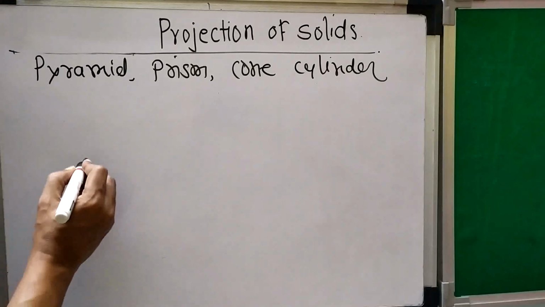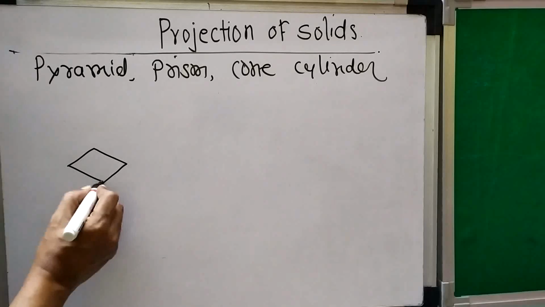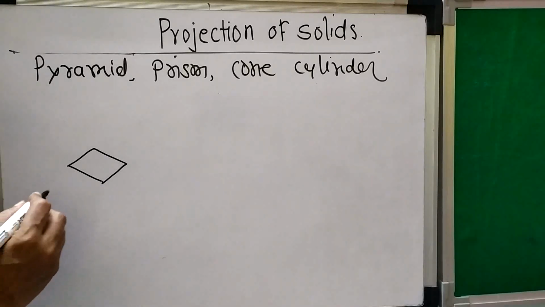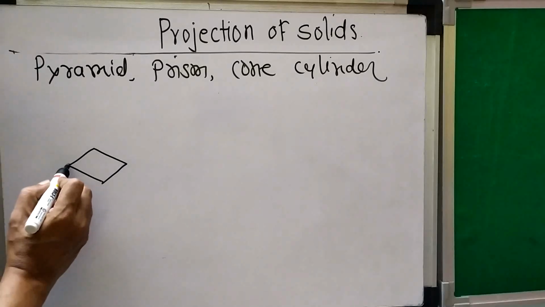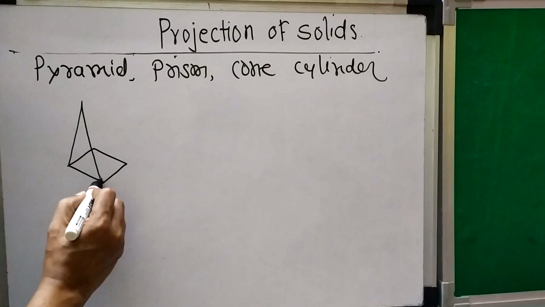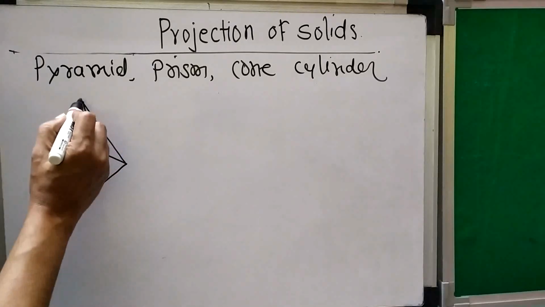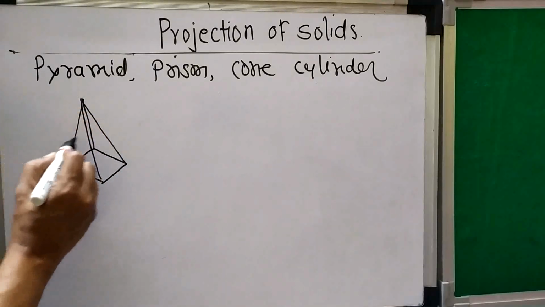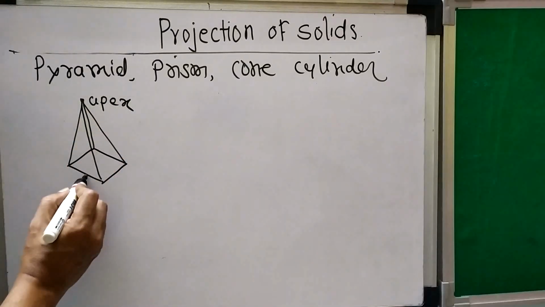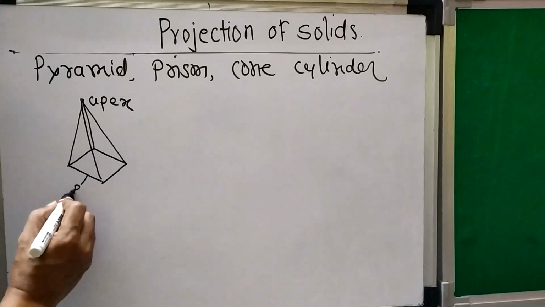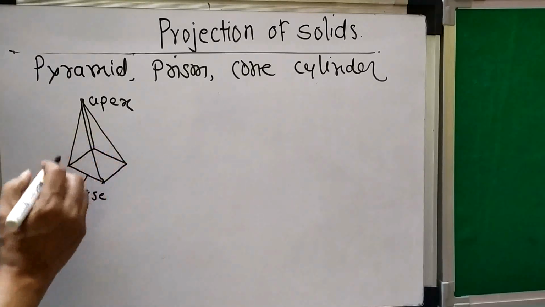For example, suppose this is a square base and from the sides of the square base the triangular faces emerge and approach one point which is called the apex. So this is a base and these are the triangular faces.